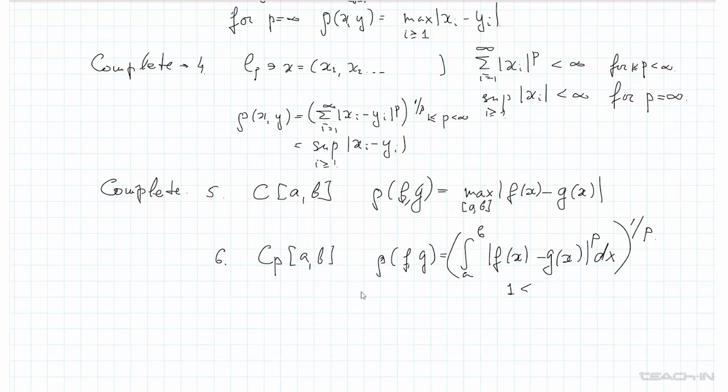It is for finite p. But if we take, for example, the limit to infinity for parameter p, we immediately obtain this. What can you say about the completeness of continuous functions with the integral metric?